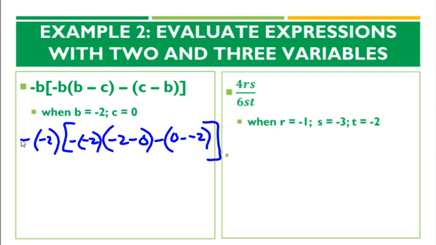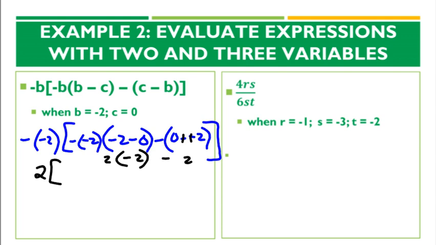So on the outside, I've got a +2, brackets now. Here I can simplify, this is plus, so now I have 2. Bring down my minus sign, -2 minus 0 is just -2. And then I've got a -2, which is a +2.